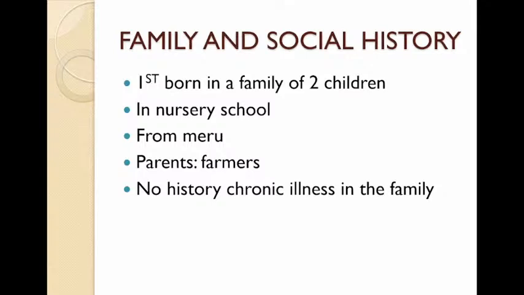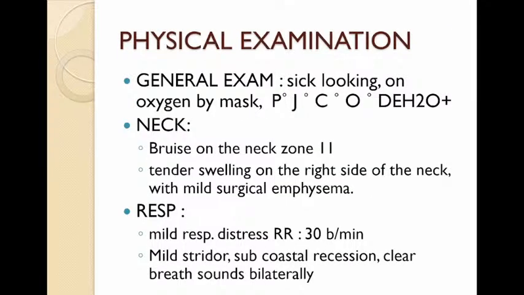The parents are farmers. On examination, the patient is found to be very sick looking, markedly dehydrated. There's a bruise on the neck. It is tender, and the swelling on the right side of the neck has surgical emphysema. So you can already tell that there's something amiss here.